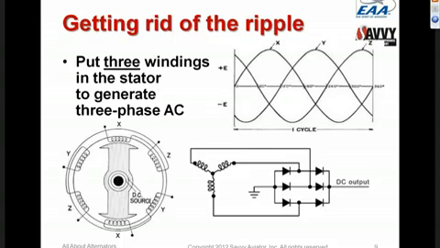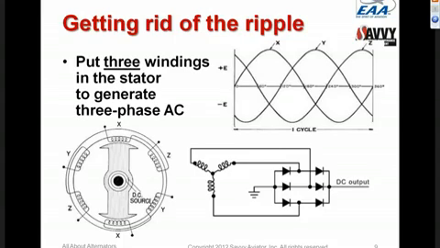There are a couple of ways to do that, but the way it's done in almost all aircraft alternators is by winding the stator in a Y configuration, as illustrated by this schematic in the lower right-hand corner, where there are basically three windings that join at a common point in the center. And the three windings, when you rotate a magnet inside of them, produce three-phase AC instead of single-phase AC.